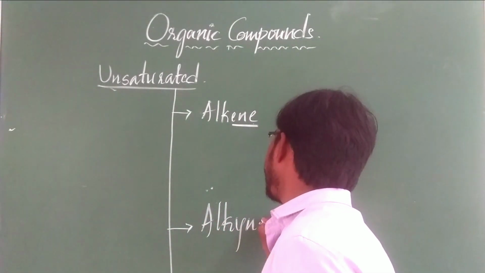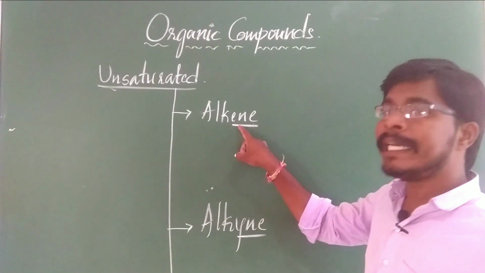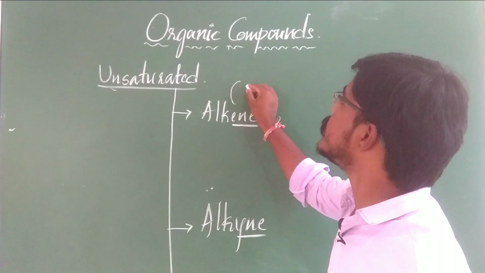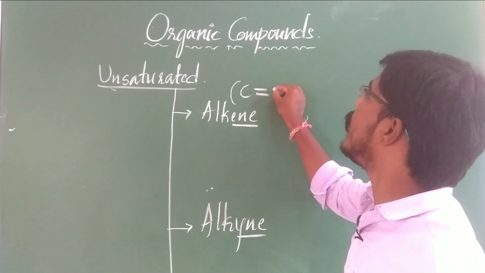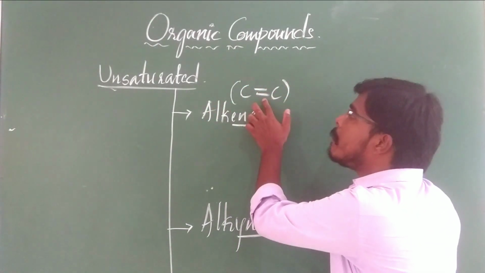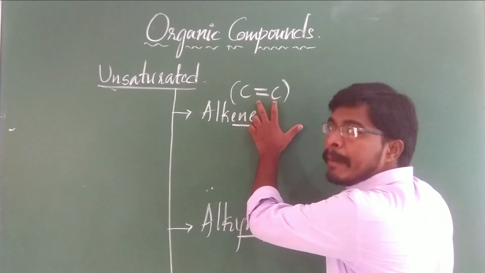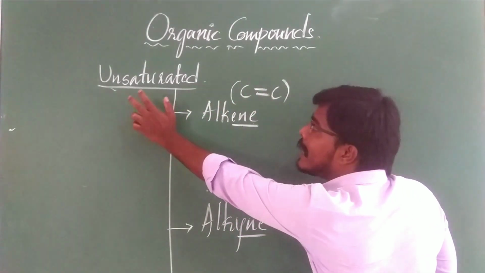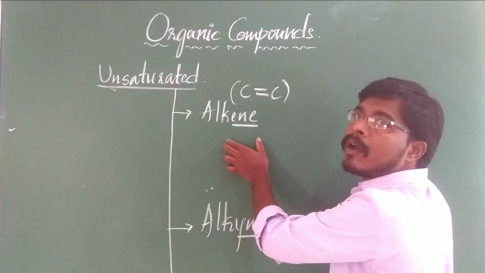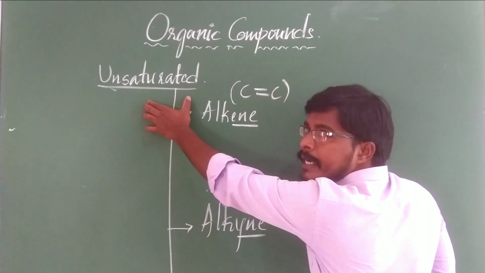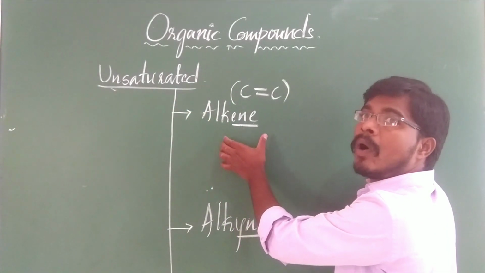Yne and ene are suffix words. Ene means these consist of carbon to carbon double bonds. If a double bond is present between two carbons, that type of carbon compounds are called unsaturated, and we can call them alkenes.